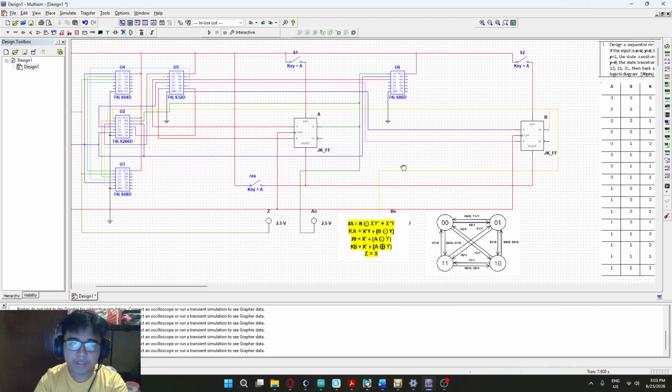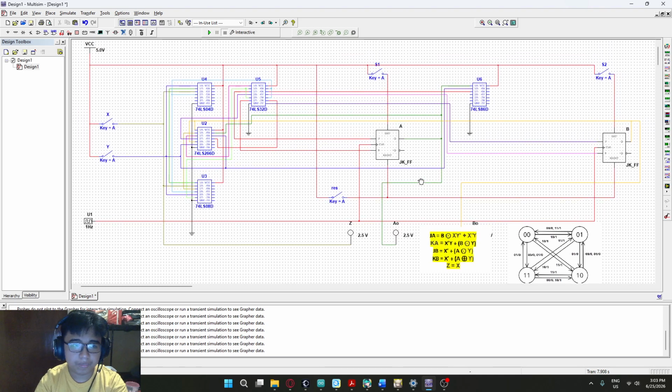So with that, we derived this circuit, and through k-mapping, we derived the flip-flop input equations of JA equals B XNOR x y naught plus x naught y, KA equals x naught y plus B x nor y, JB equals x naught plus A x nor y, KB equals x naught plus A x or y, and z, or the output of each transition, is simply equal to input x.